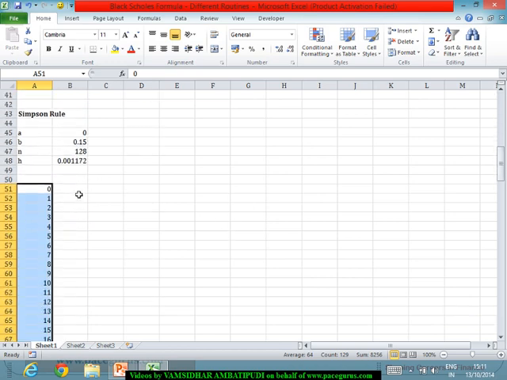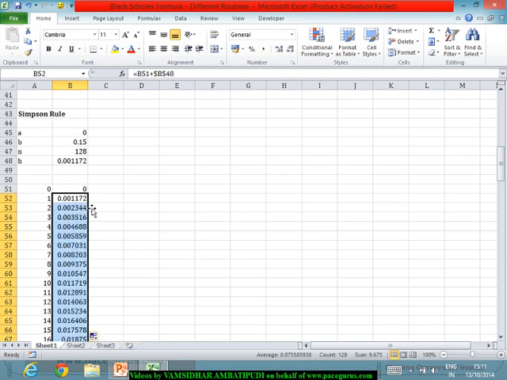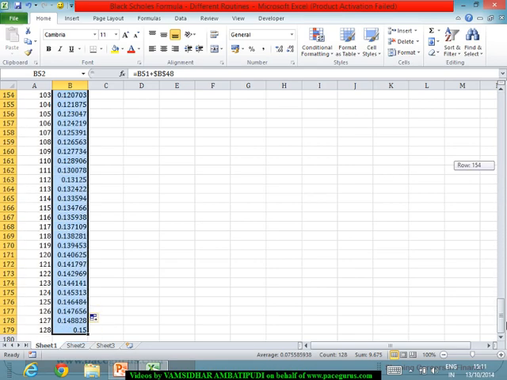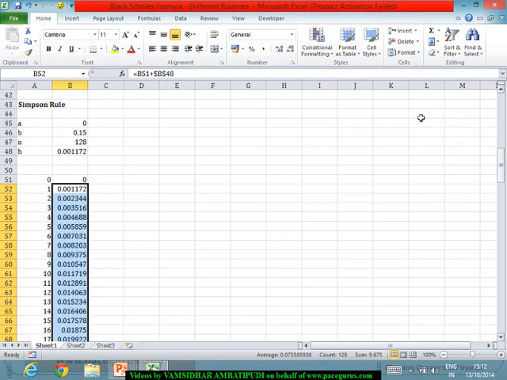So A0 is 0. But from the next one onwards, I am incrementing this with the H value. So this is becoming my A1, and from there it is going on to A2, up to 128, which should become 0.15, which is the B. Alright, so that is one more input.